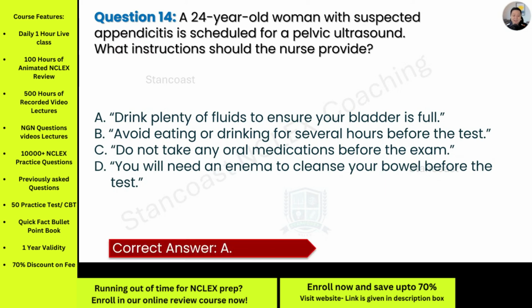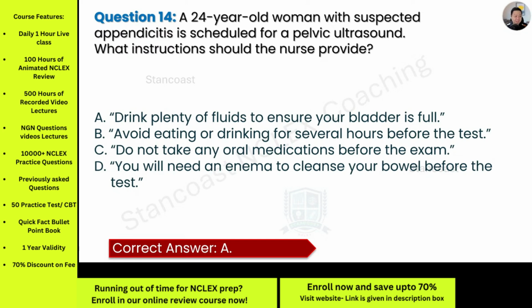A full bladder is required for the pelvic ultrasound, as it can enhance the imaging of the pelvic structures by acting as an acoustic window. This will help better visualization of the organs like the uterus and also the ovaries.